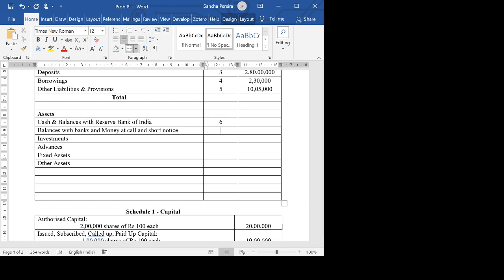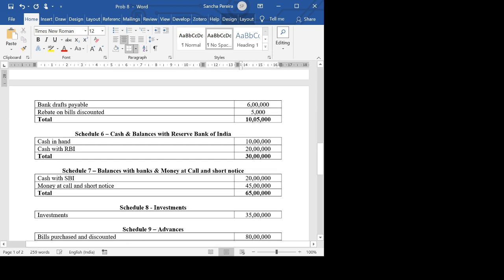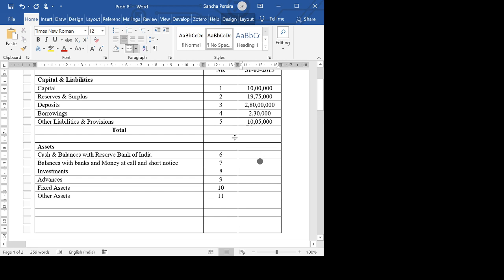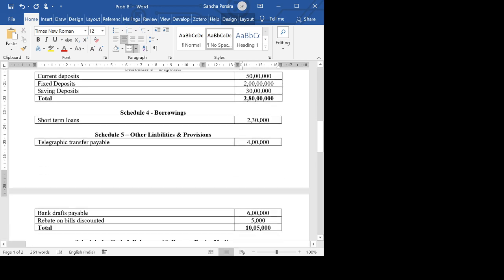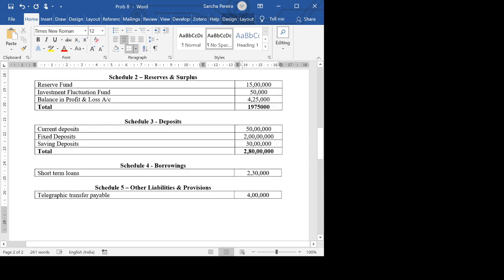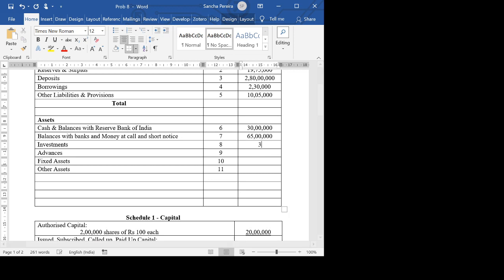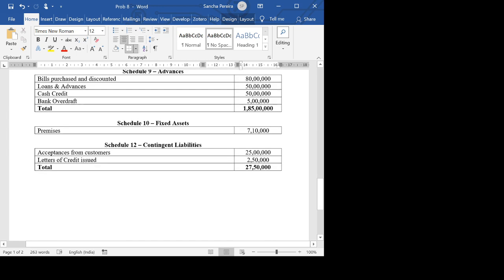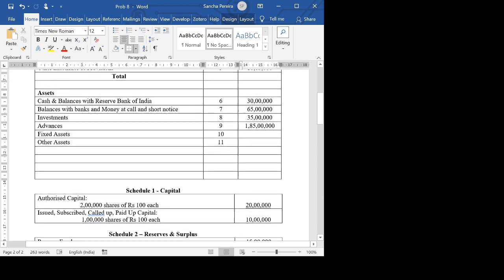So this is 6, 7, 8, 9, 10, 11. A total of 6 is 30 lakhs, and this is 65 lakhs. Then we have investments 35 lakhs. Then we have advances, 1 crore 85 lakhs. And then I think fixed assets is 7 lakhs 10,000. We don't have anything under other assets.